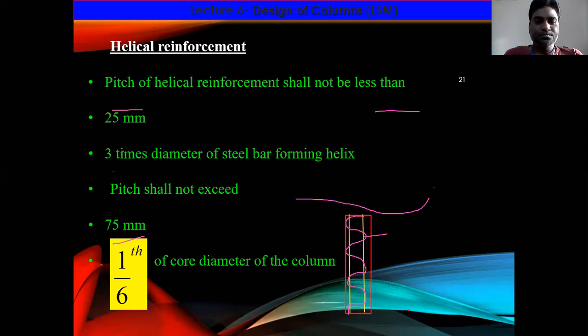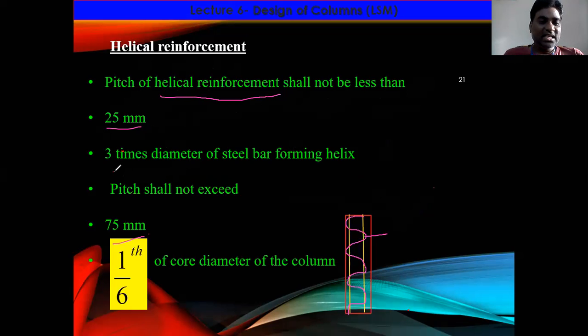Next is the pitch of helical reinforcement. And this helical reinforcement pitch should not be less than 25 mm or 3 times the diameter of the steel bar forming the helix.